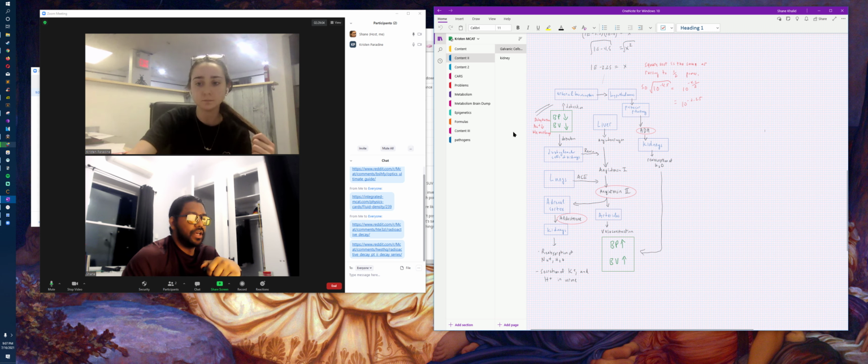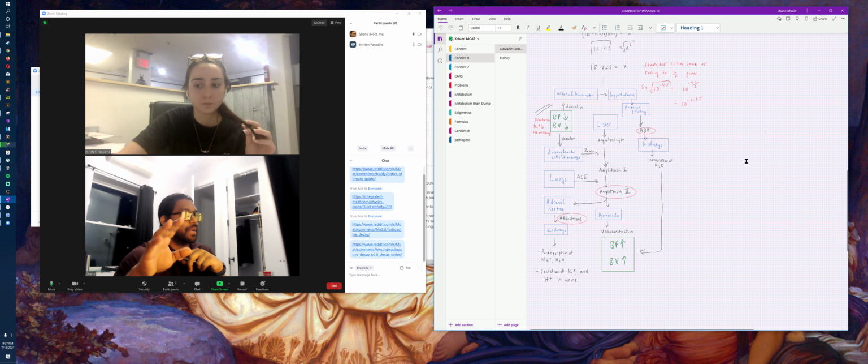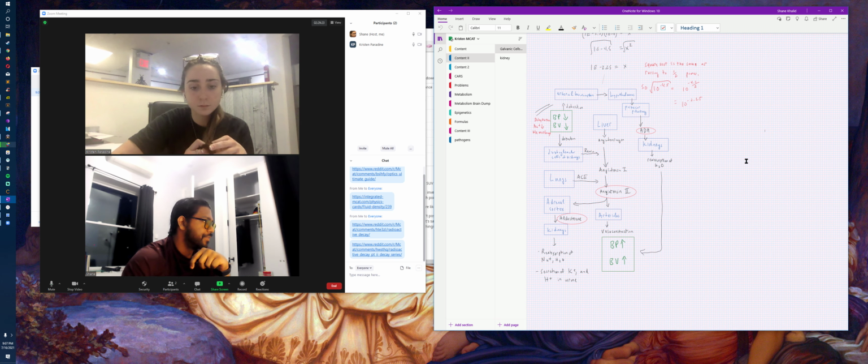The blood volume part is in the galvanic cells section, in content 2, Roman numeral 2. I go into it precisely because a lot of times people don't care about the blood volume aspect. They just want blood pressure.